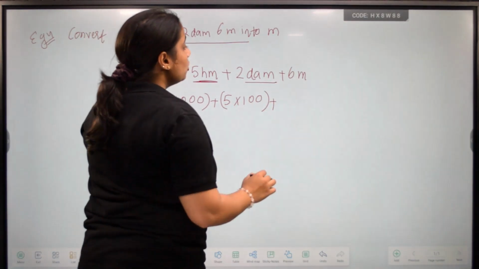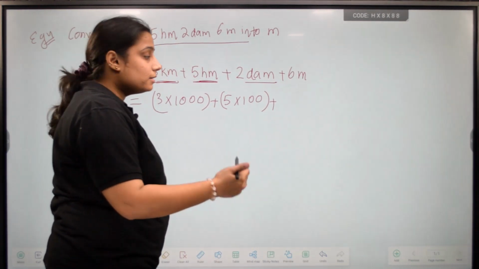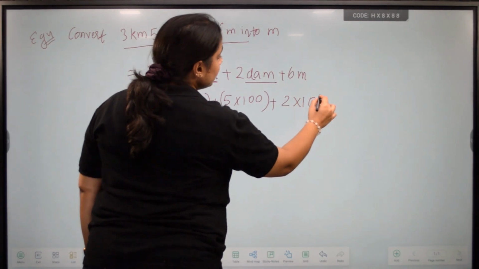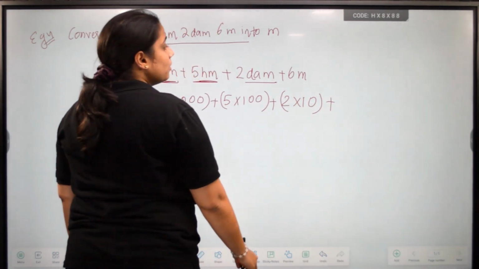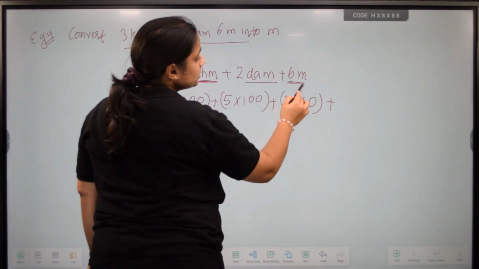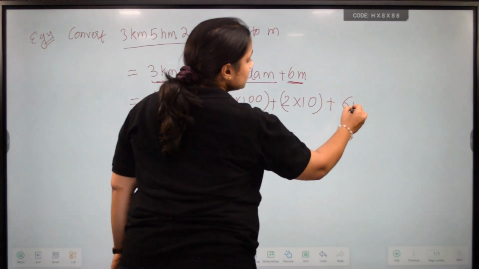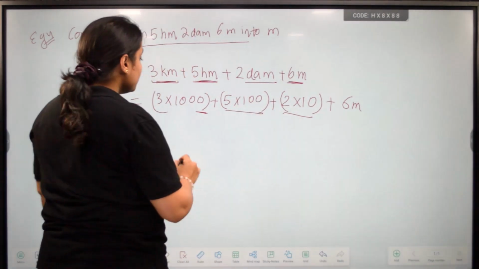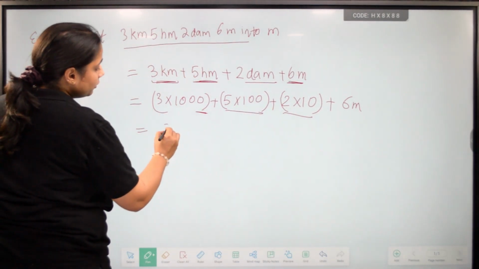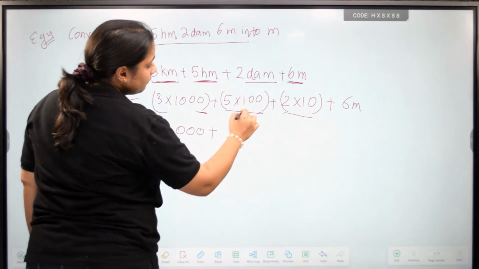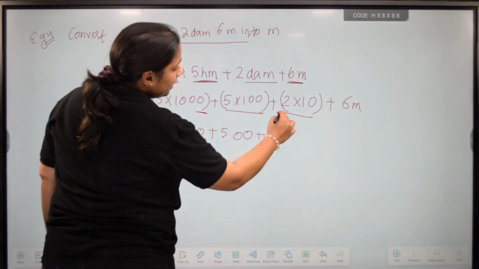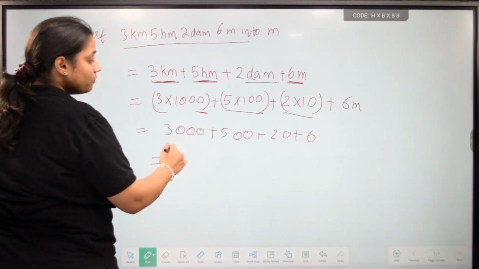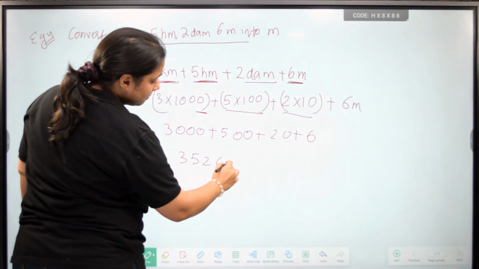Now we know that 1 decameter has 10 meters, so this 2 will be multiplied by 10. Now this is already in meter, so we'll write it the same. Now we can say that the unit of these numbers will be meter only. So 3 into 1000 will be 3000 plus 5 into 100 will be 500 and 2 into 10 will be 20 and rest is 6. So the answer will be 3526 meters.